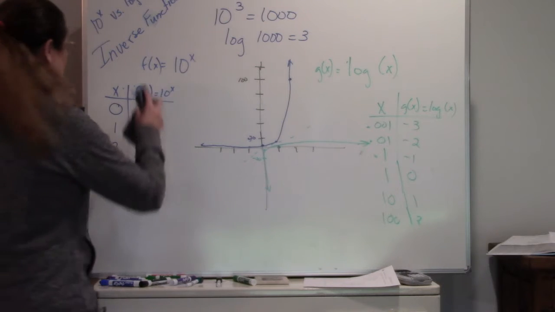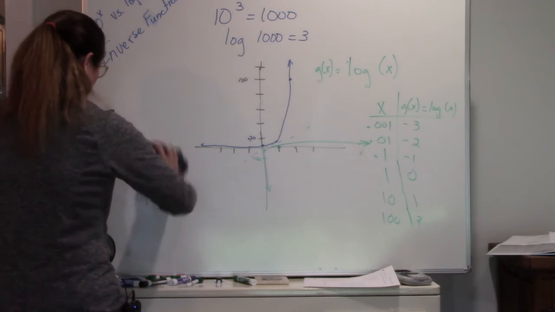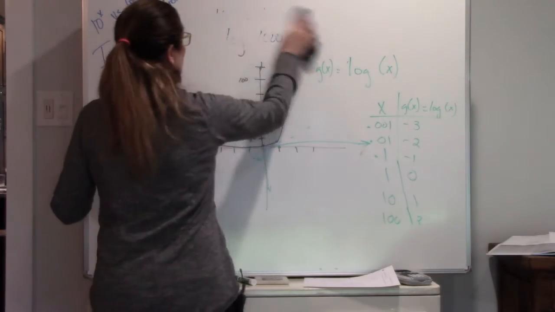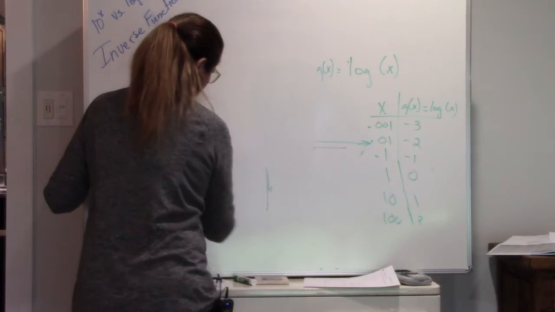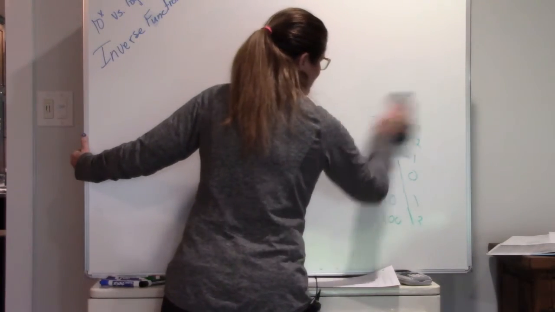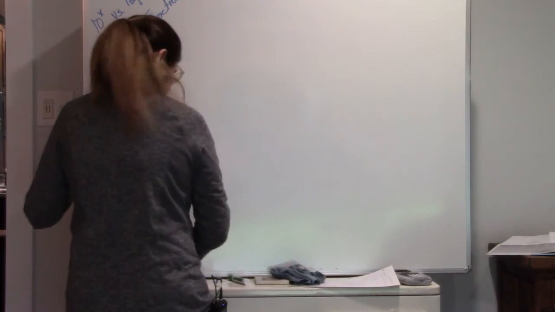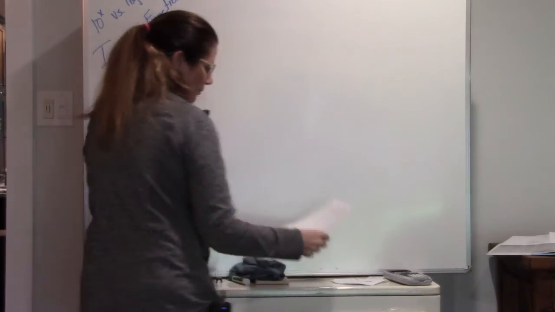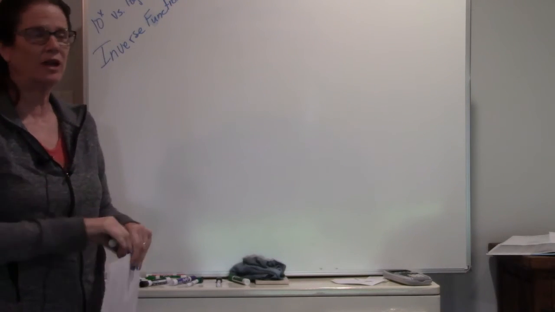Okay. So now what we're going to do is what we did with the natural log and natural number, and figure out how to solve. Because we are using base 10, this is what's called a common log. So that's the log button on your calculator.